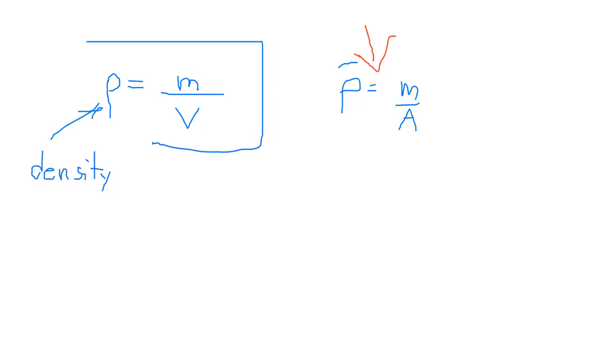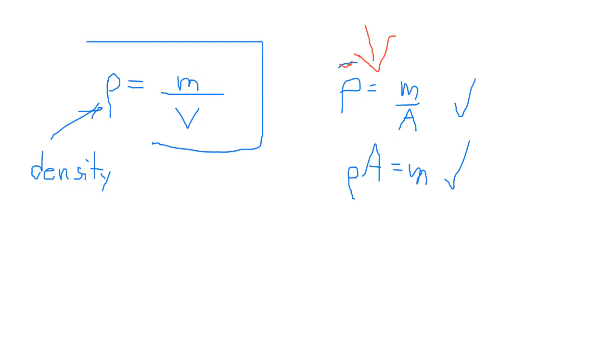So in this sense, you could think of mass as density times area. And I'm writing this here because it's going to be a nice way of helping you feel a little comfortable with section 12.5.